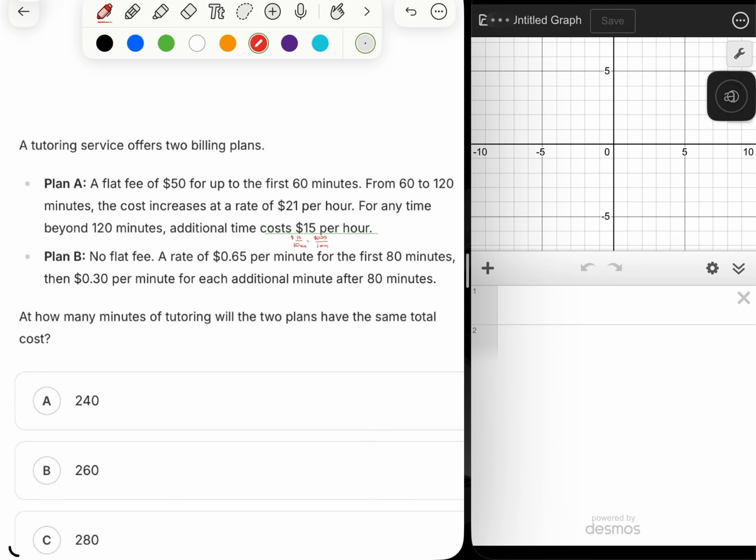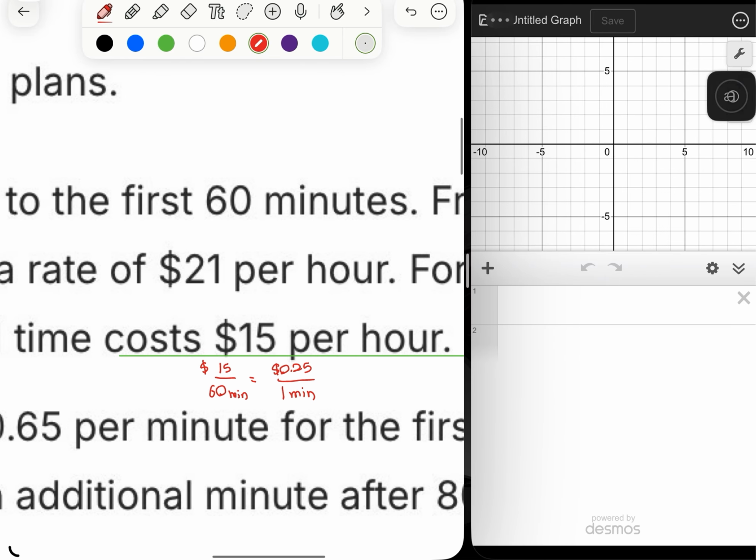There's also $21 per hour, and I did say that we have to convert every unit into minutes, but I'll leave that for now, and I'll explain why later.